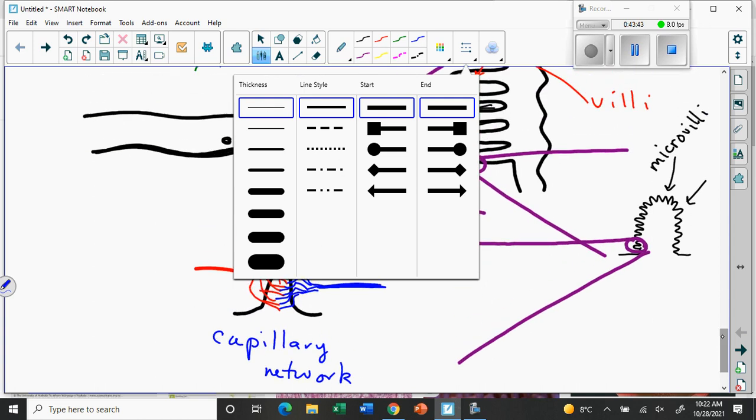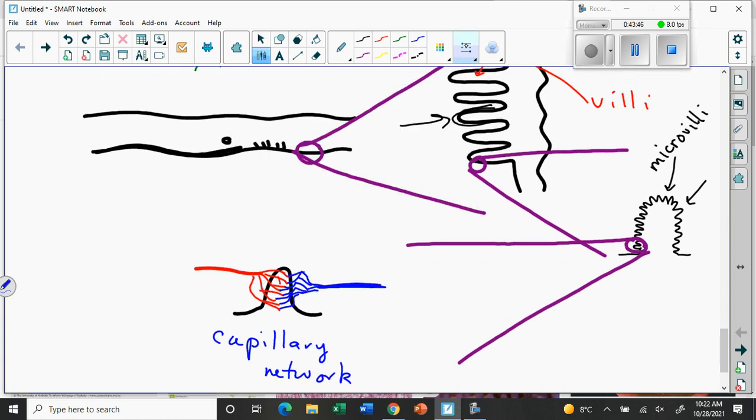move in here towards the villi, and then once they're in the villi, they can move very close into the microvilli, and once they're moving into here, they're small enough that they can move right through the membranes of these cells that make these tiny little structures. They either can slide right through, diffuse right through, or they can take the protein gates.